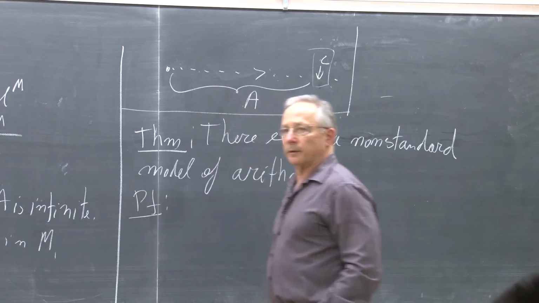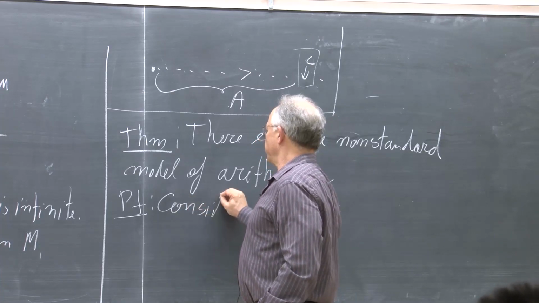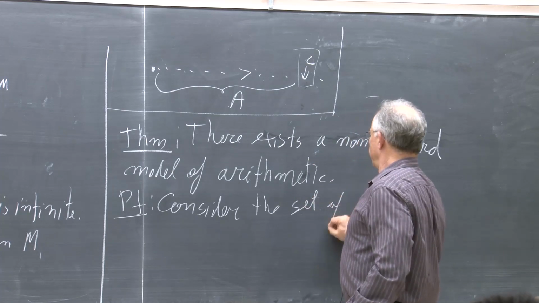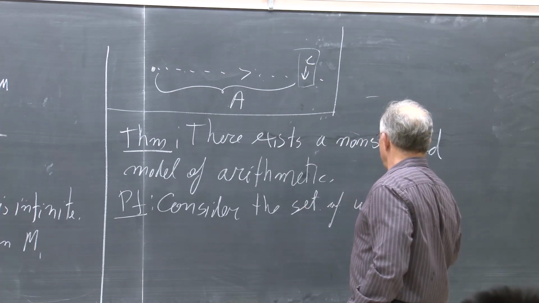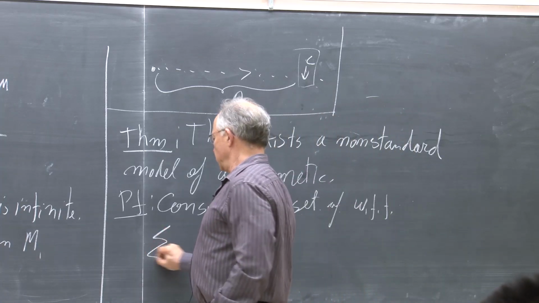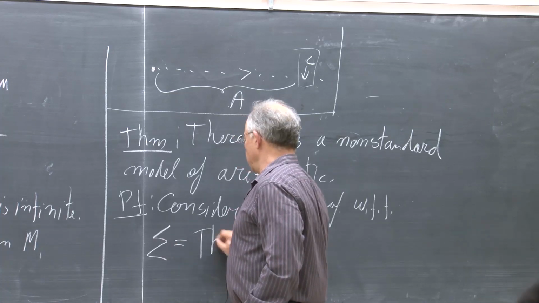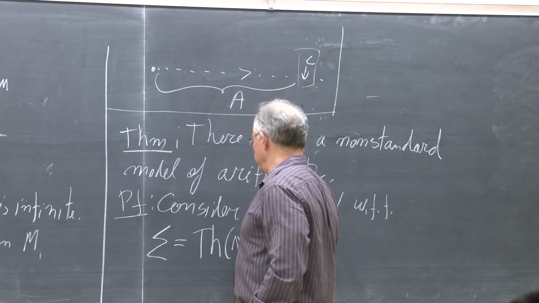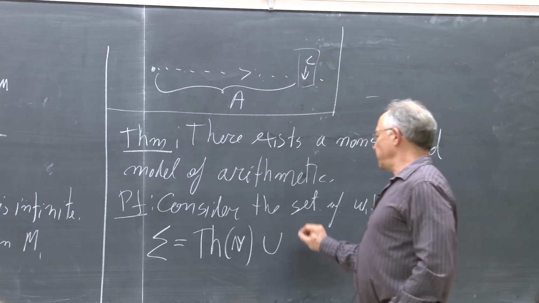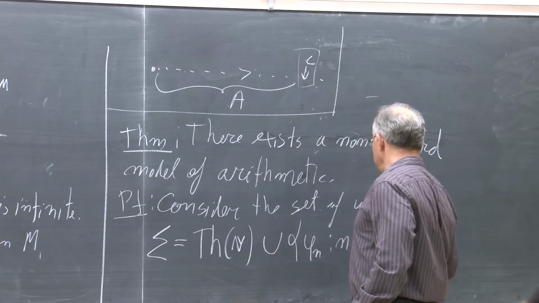So what we are going to do is consider the set of WFFs, sigma, which is the theory of N, union a set of formulas phi_n, such that n is a natural number.